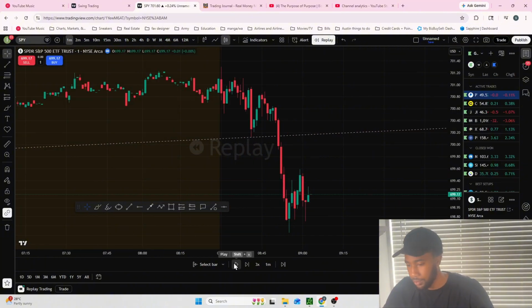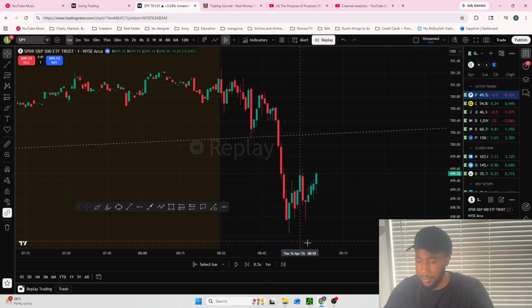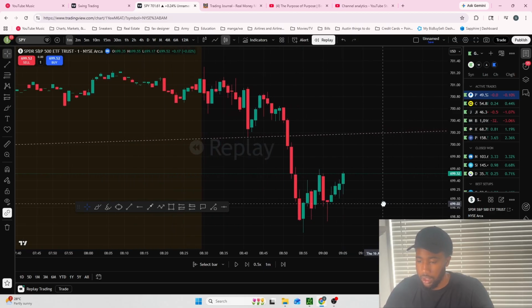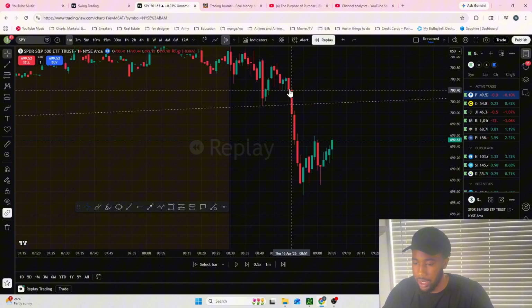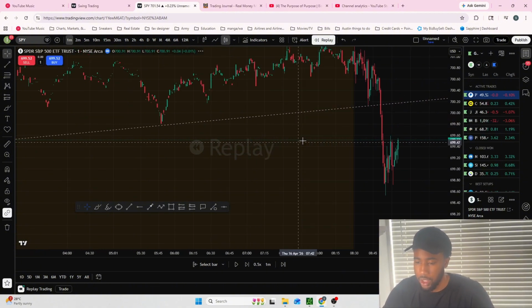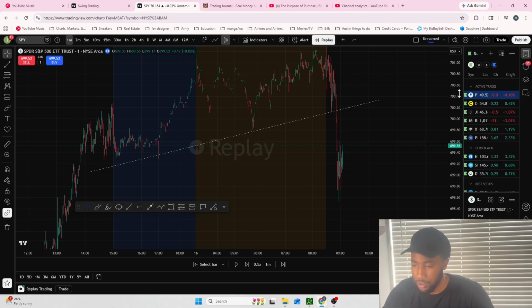Boom. It's a little too fast. Let's go 1, let's do maybe half. So when I saw this structure, I knew it was a bearish push down, a breakout of this structure, and that this was a confirmed reversal.